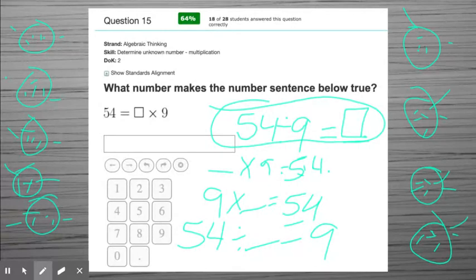So after I've split out all 54, I can see that each of these groups has 6 pieces in it. So 6 times 9 is 54. So my answer should have been 6.